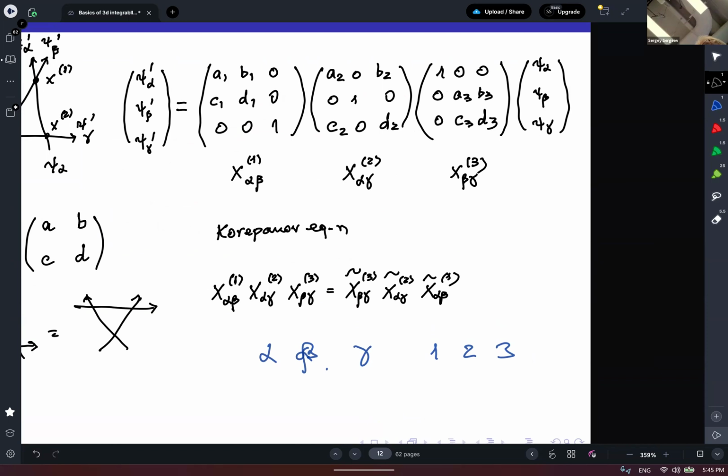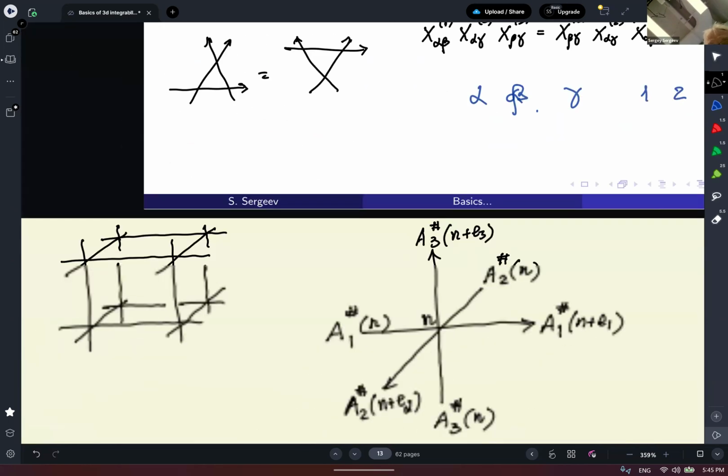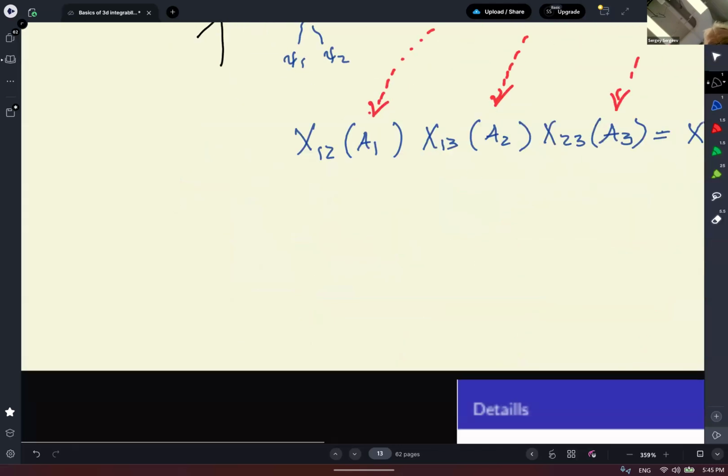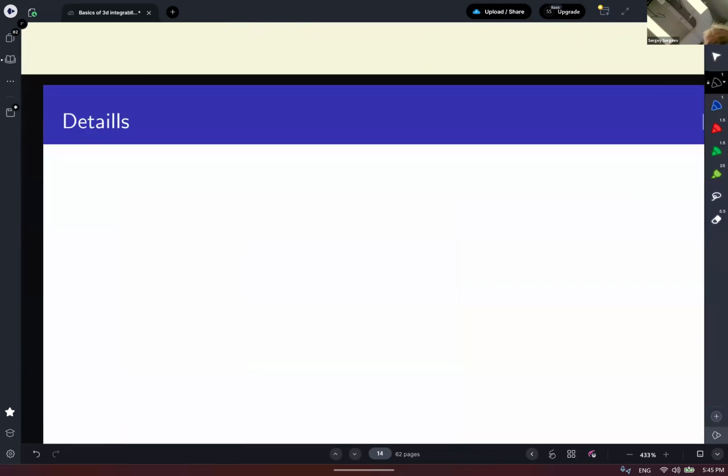Well, people say that it's the Yang-Baxter equation, but understood in the category of tensor sum of linear spaces rather than in the category of tensor product of linear spaces. But there is no difference. It's the same. And why it's the same? It will be next page.